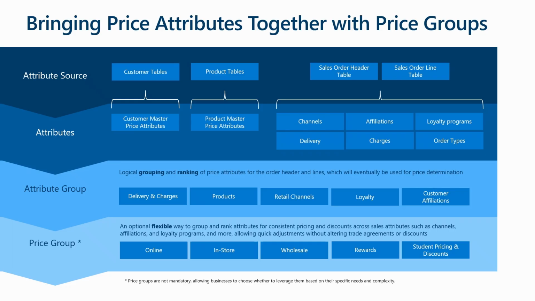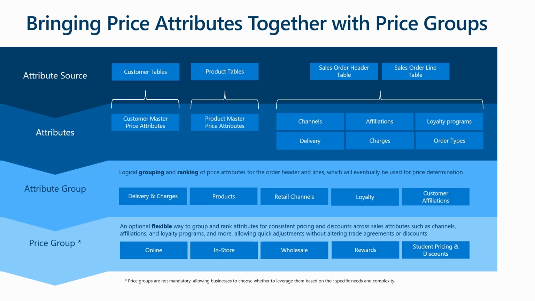For example, from the customer tables, you might pull attributes like customer account, customer group, or region. From product tables, it might be product, brand, or category. And from sales order tables, you could use channels, affiliations, loyalty programs, order types, delivery methods, or payment methods.